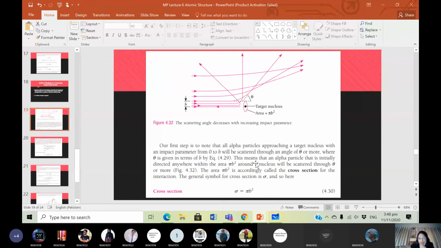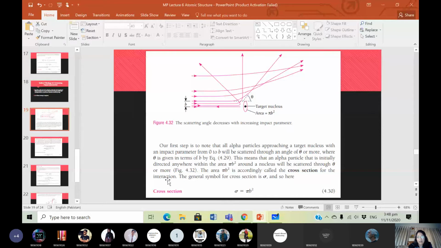But what we're saying here is that an alpha particle that's initially directed within the area pi b square around a nucleus will be scattered through theta or more. Now, if we look at this diagram, we will define a term known as cross-section, which means it is an area for the interaction, okay?